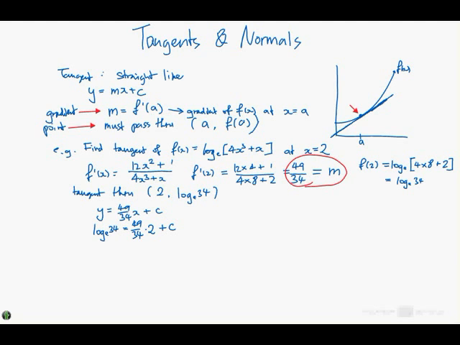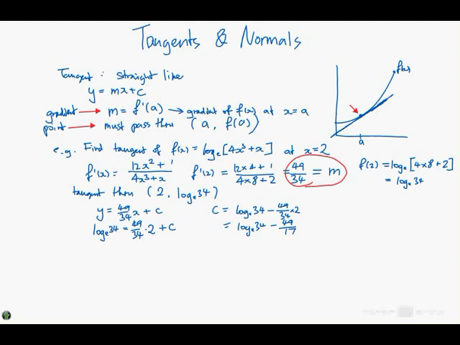And so c equals simply log to the base e of 34 minus 49 over 34 times 2, which equals log to the base e of 34 minus 49 on 17. Multiplying by 2 is the same as dividing the denominator by 2.